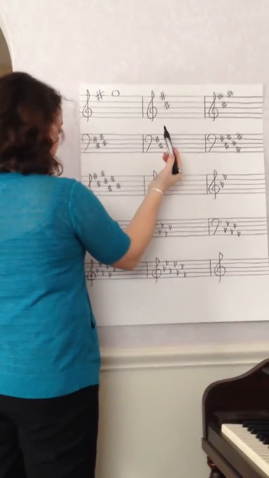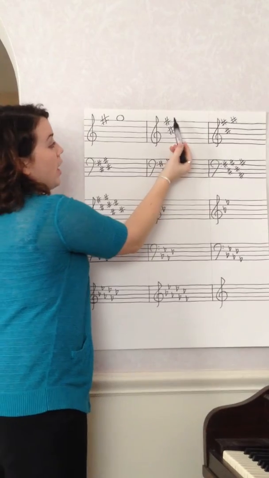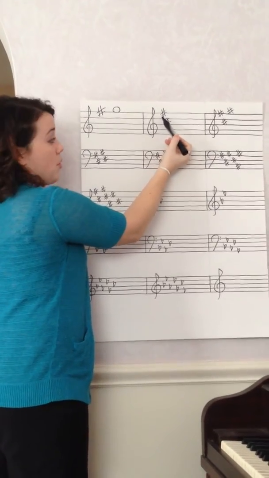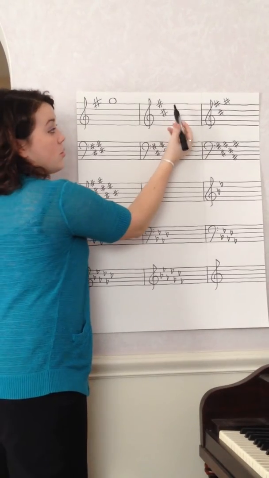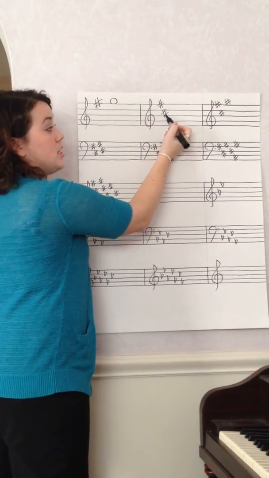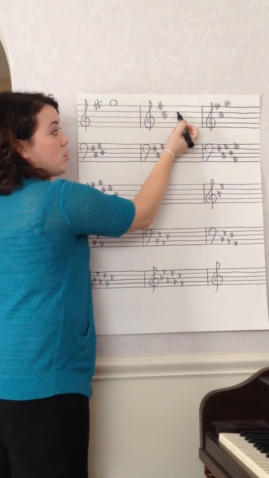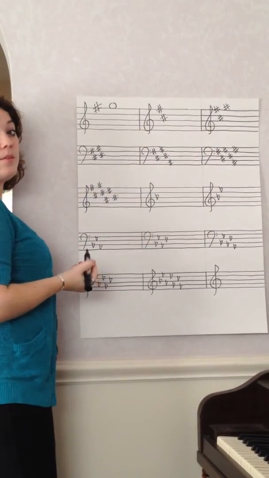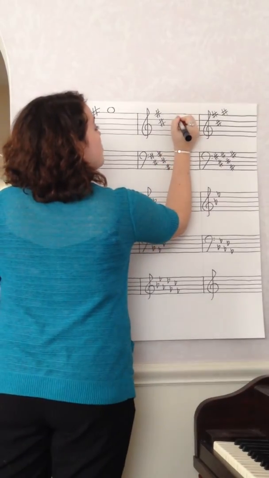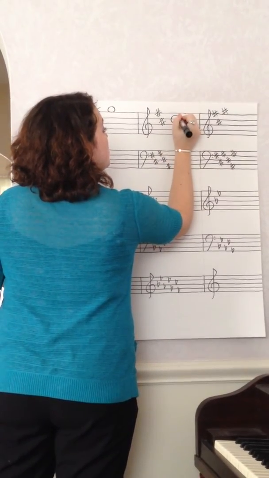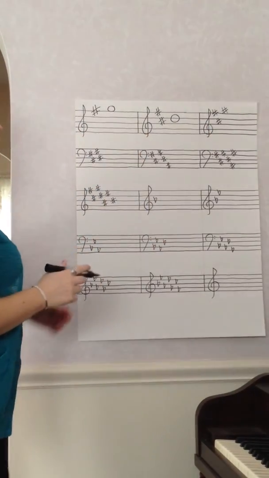So, next key is what major key? We have our F sharp and we added a C sharp. So if we look and we think T do from that sharp, what should our major key be? D? D, correct. So we'll add our do on the D line, okay?